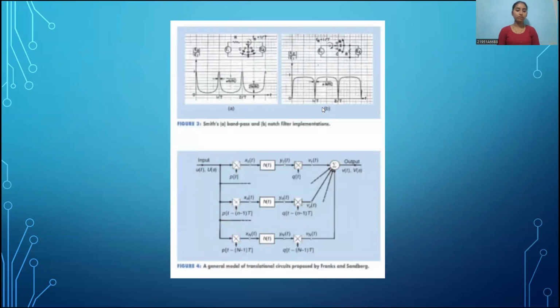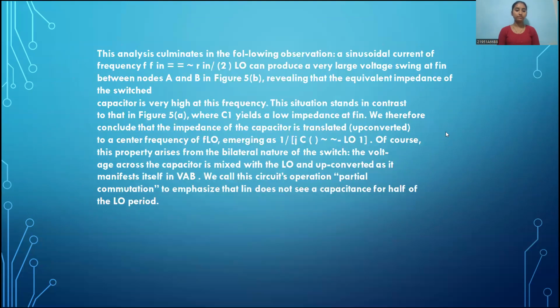These are the figures 2, 3, and 4. The analysis rests on the following observation: a sinusoidal current of frequency fin equal to fLO can produce a very large voltage swing at fin between nodes A and B in Figure 5b, revealing that the equivalent impedance of the switched capacitor is very high at that frequency.